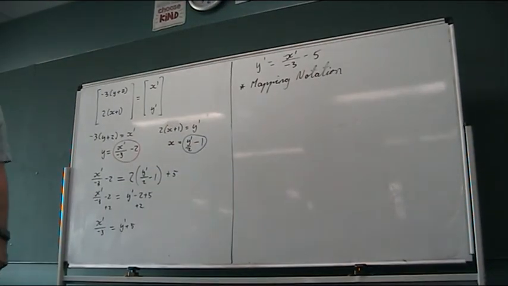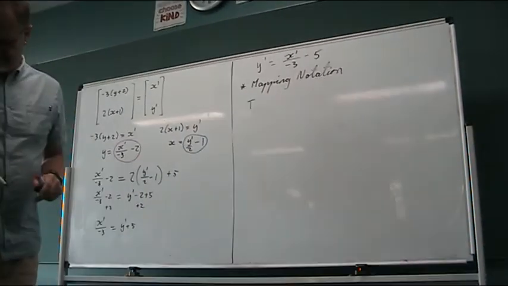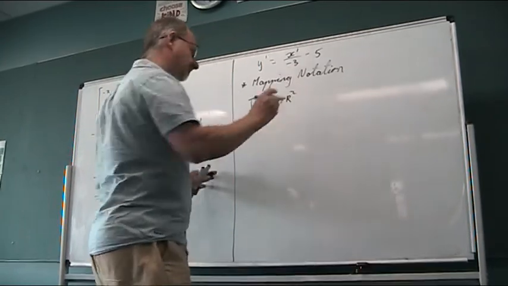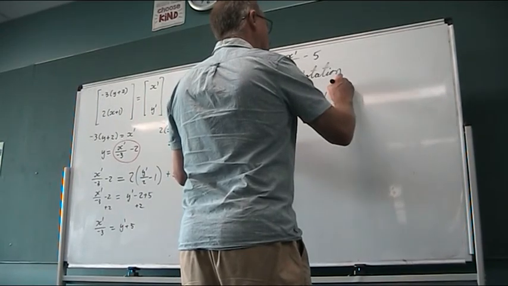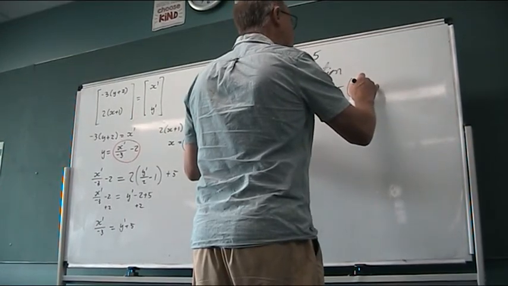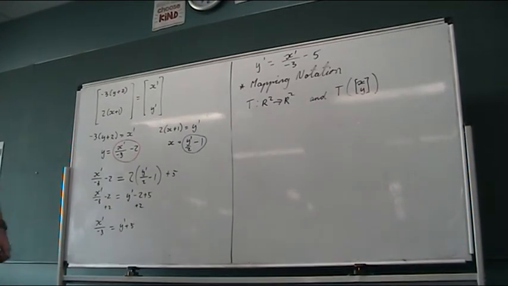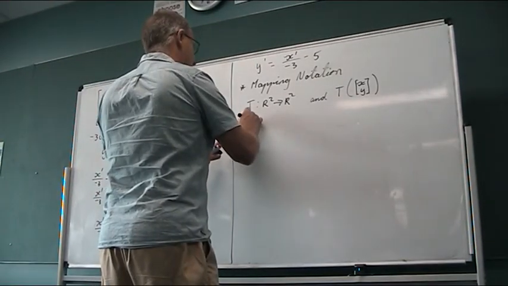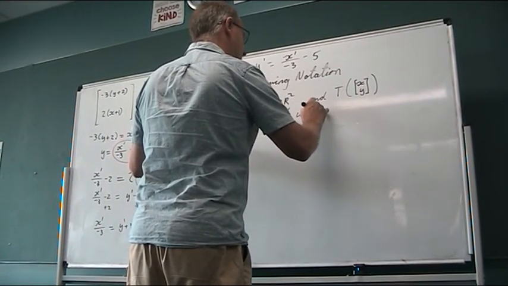If you see this, T, R squared to R squared, and T, these are simply indicating transformation.